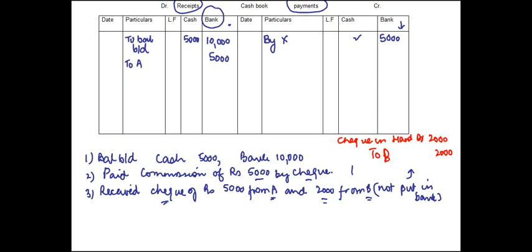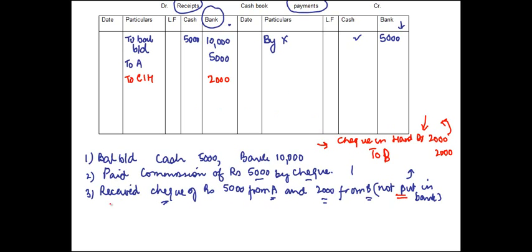Okay, when you actually put this check into the bank account, then you will write an entry bank account debit to checks in hand 2,000. But merely on the receipt, if you do not bank it, you will not debit the bank account. Why? Because it has not gone to the bank, so the bank balance will not increase. It's just lying in my hand, so I put it as checks in hand.